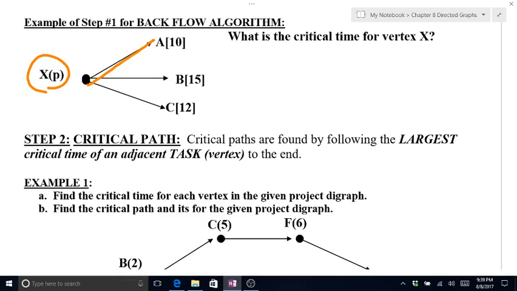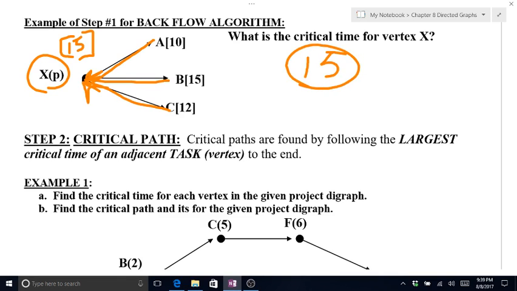Well, if I go from A to X, that's 10, B to X is 15, C to X is 12. So critical time for X is going to be 15. It's the longest time from any point backwards.